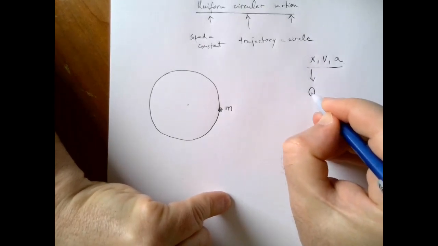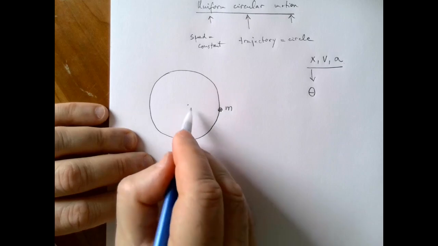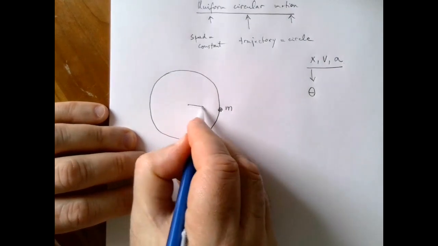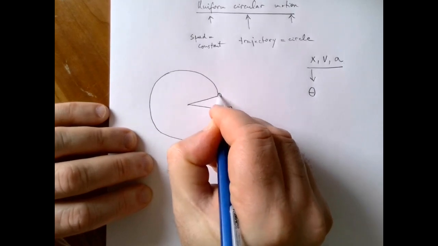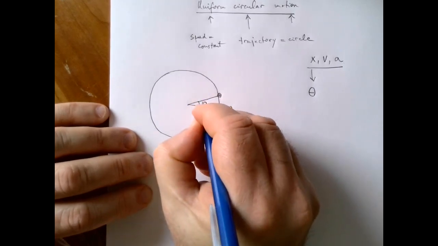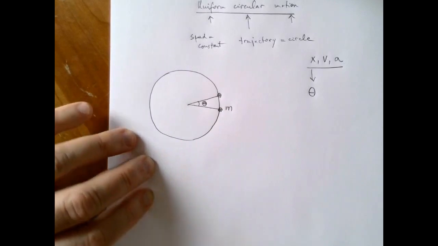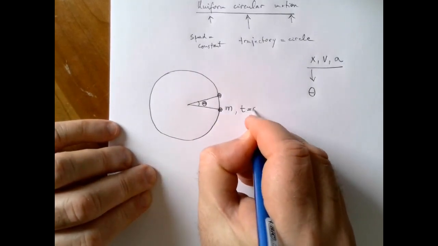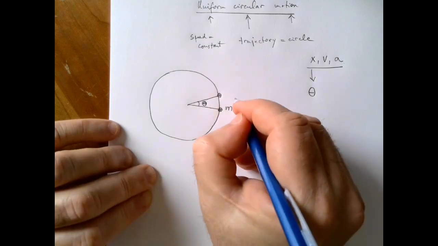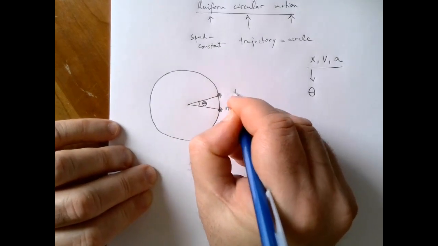We are instead referring to the angle swept by the particle in a certain amount of time. So let's say the particle was here at time equal to 0, and it will be later here at time equal to t.